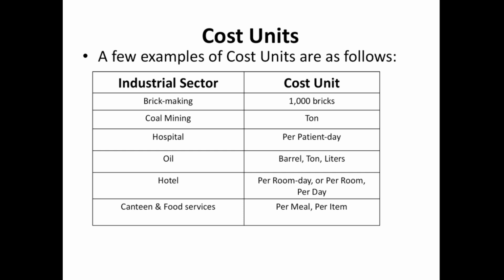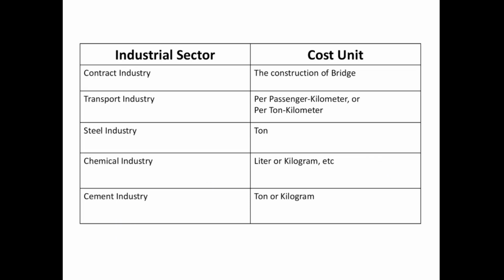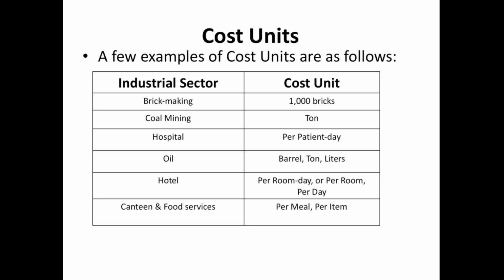It relates to the recording of expenditures, to reporting, and to the statements produced for the production department, or when the cost unit is related to a single order. In the case of a contract, a single order, or in food services a single item ordered, that would form the cost unit.